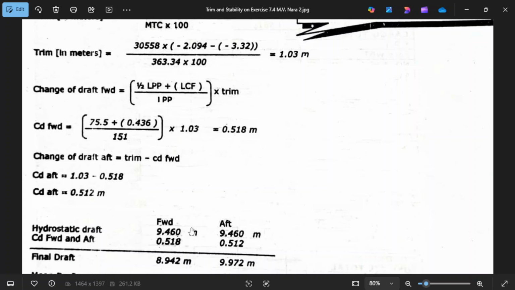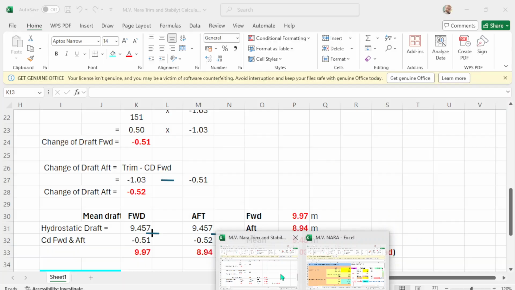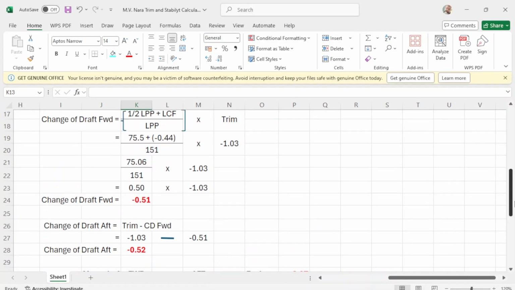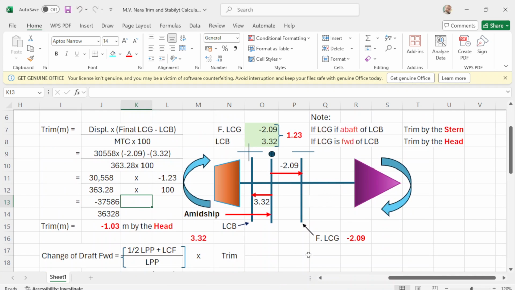Plus. This should be plus because you are trimmed by the head, according to my figure. You are trimmed by the head because the final LCG is forward of LCB.